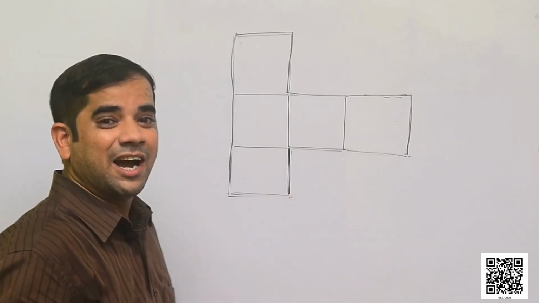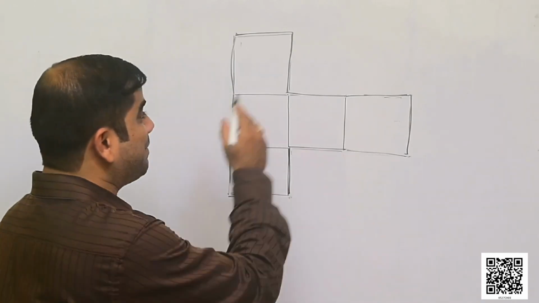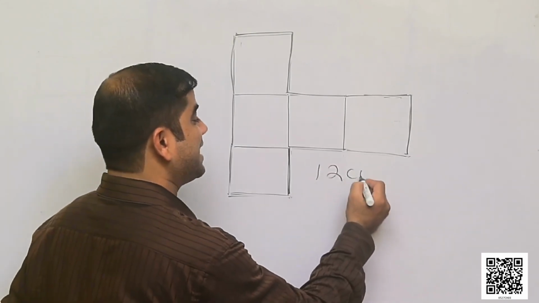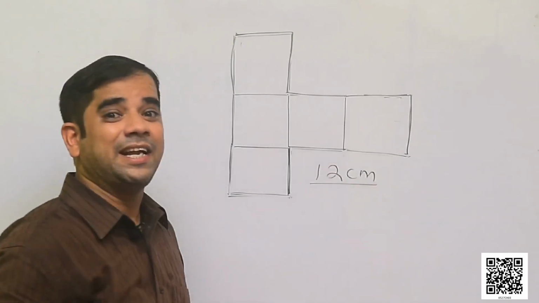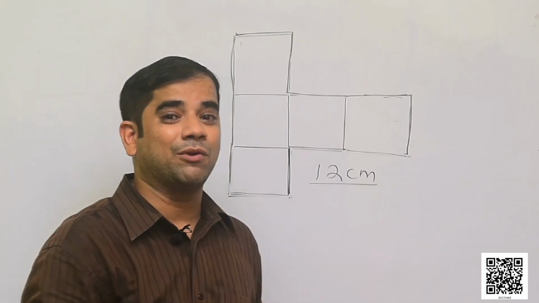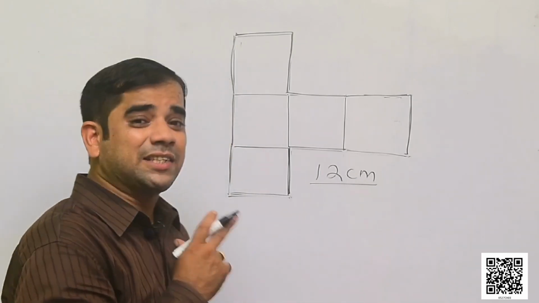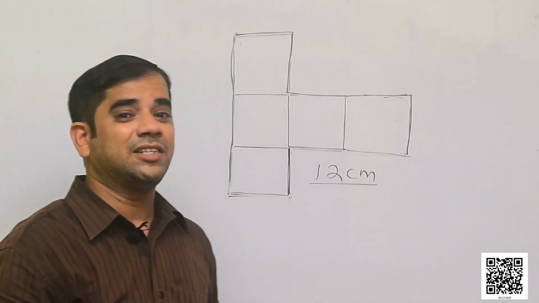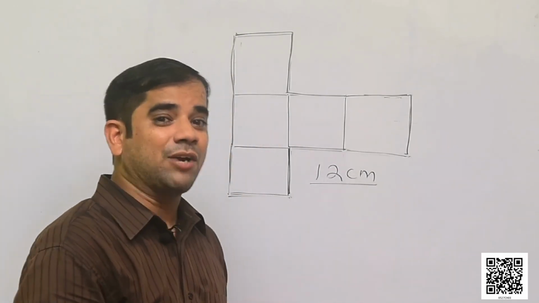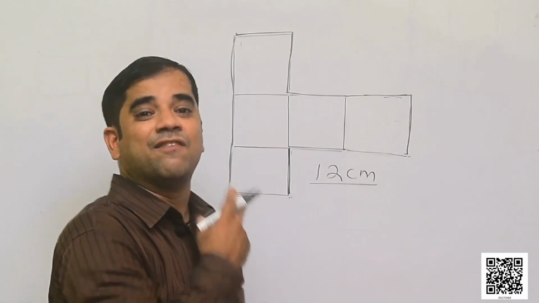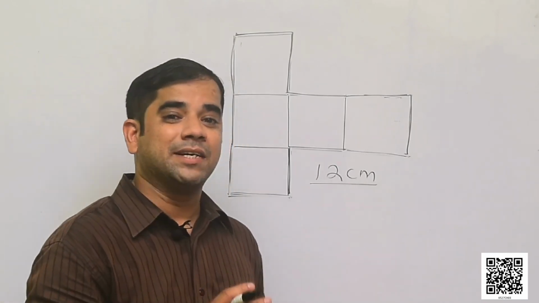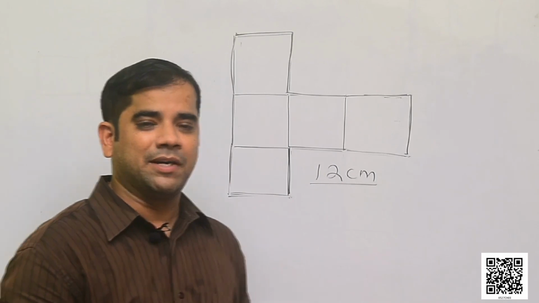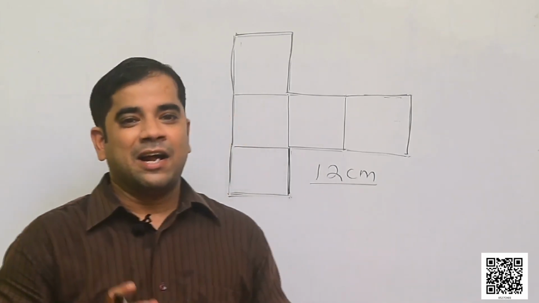So, as I told you, the perimeter comes to 12 centimeter, which was previously 10 centimeter for that particular shape. So, that was the shape for which the perimeter is 10 centimeter. Otherwise, the remaining 11 shapes that we can form with these 5 squares will have a perimeter of 12 centimeter.